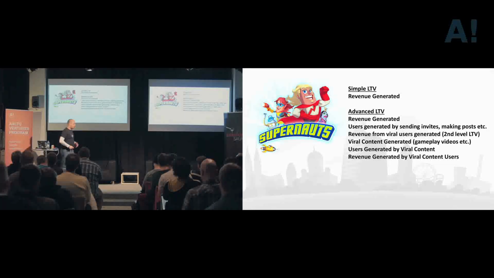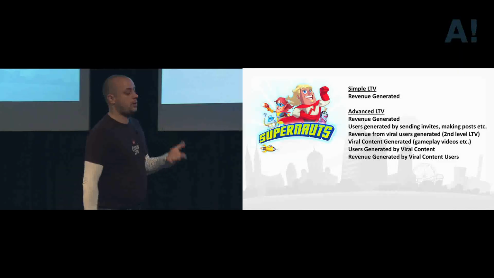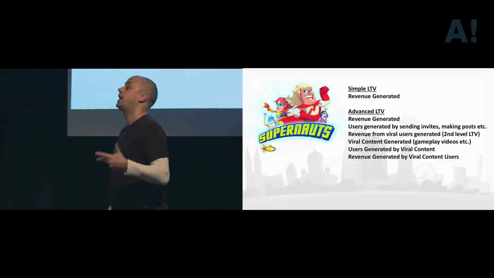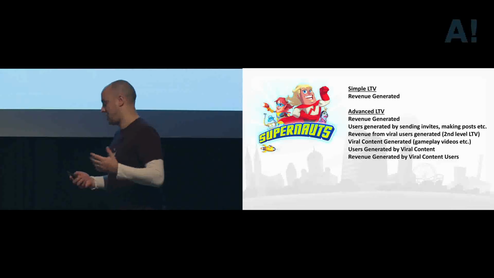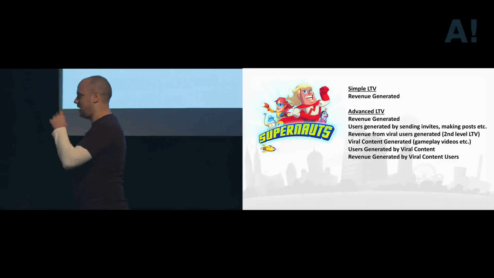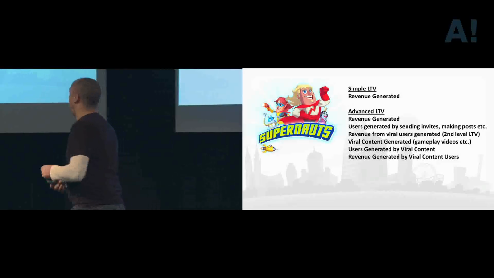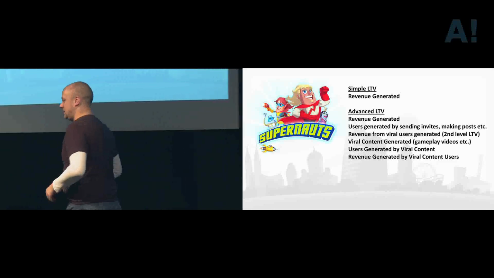So we can know who are the people who spend the most money, who are the people in our game that generate the most users for us, and who are the people that generate the most nice, cool, exciting content. It's going to be very tricky, but fun. I promise you, even if you're marketing freaks, this is actually much more fun, I think.